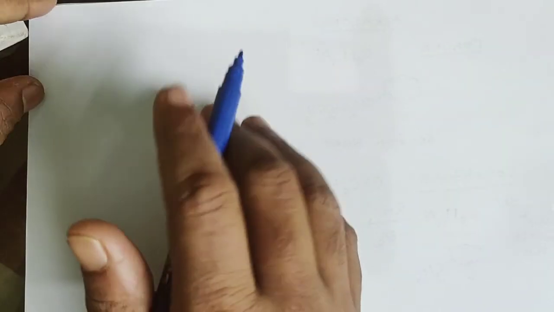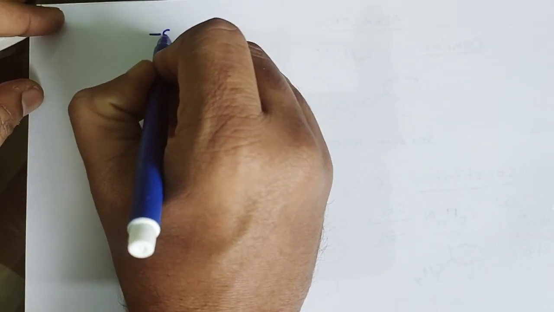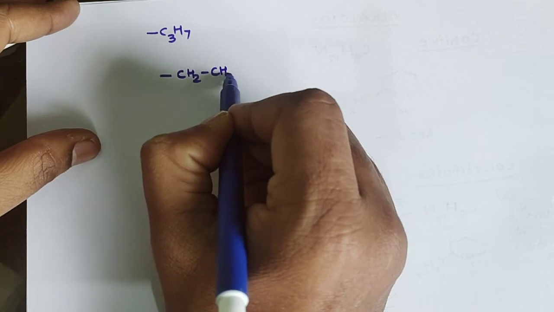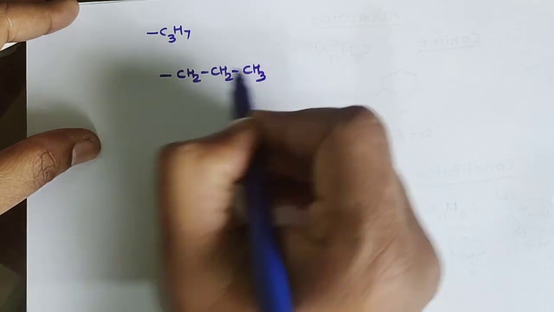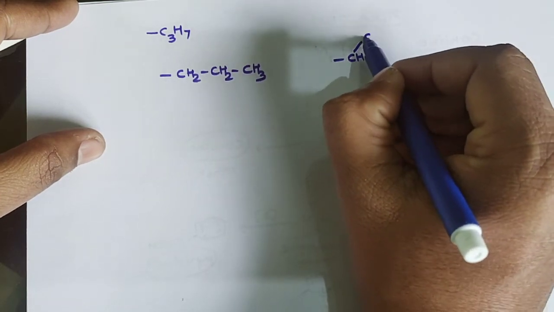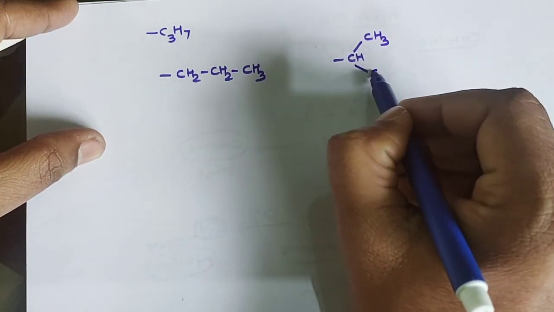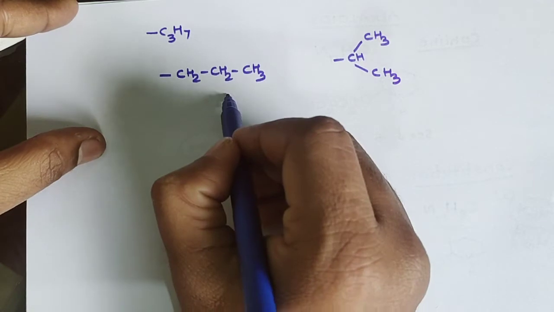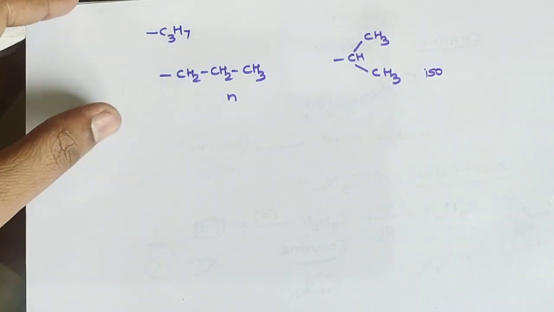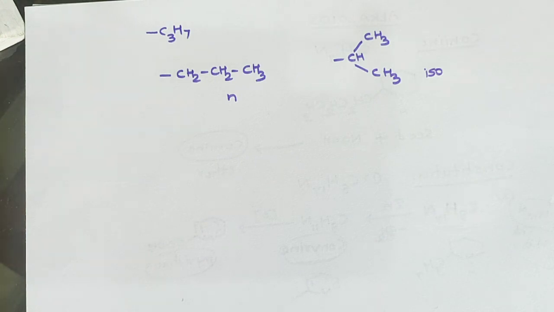The side chain C3H7 in coniine can be represented in two ways, that is CH2 CH2 CH3, or like this, CH with CH3 CH3. That is, it may be normal n-propyl or it may be branched isopropyl.